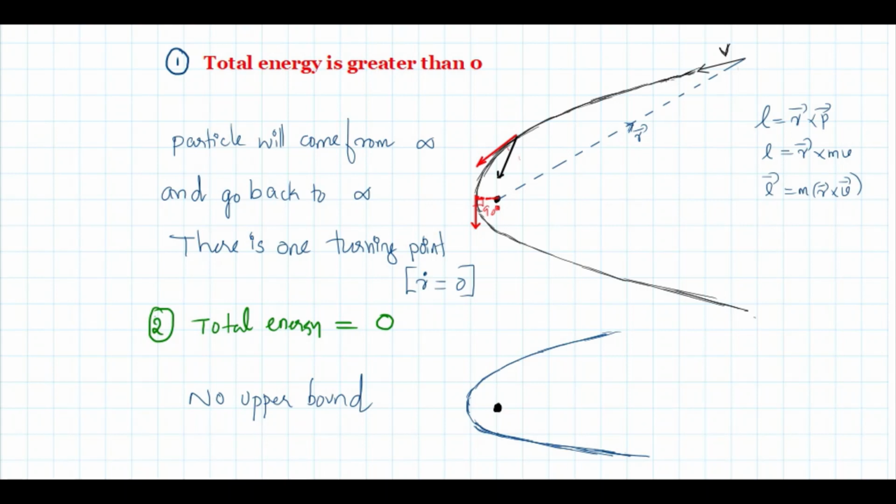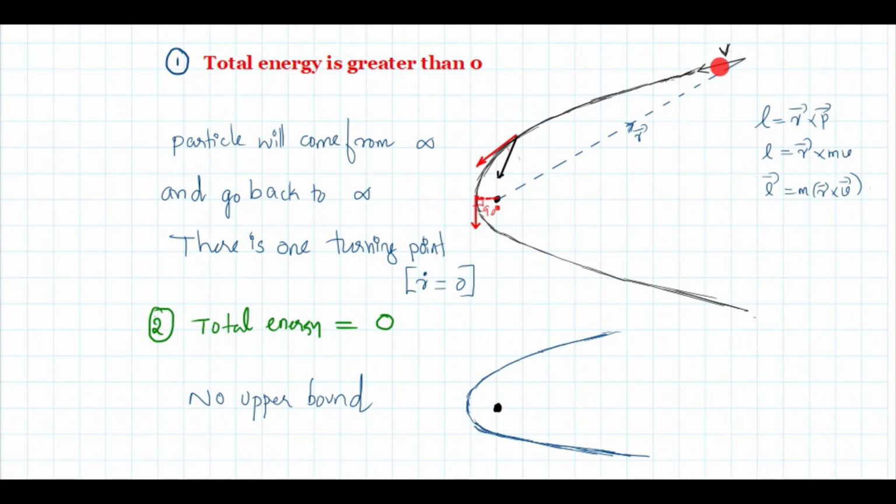This r is the position vector of the particle with respect to the force center. If velocity is in this direction, then r cross v will be 0, that is, angular momentum will be 0. But here we are considering a case of non-zero angular momentum, so the initial velocity vector will not be in the same direction as r.